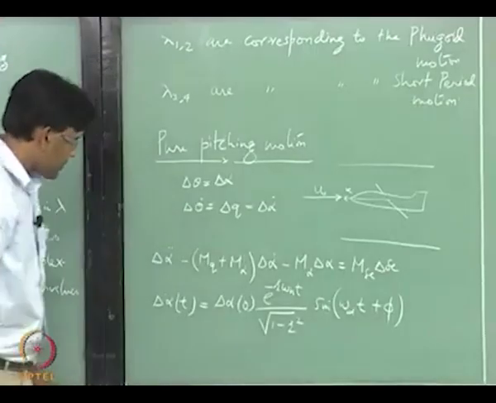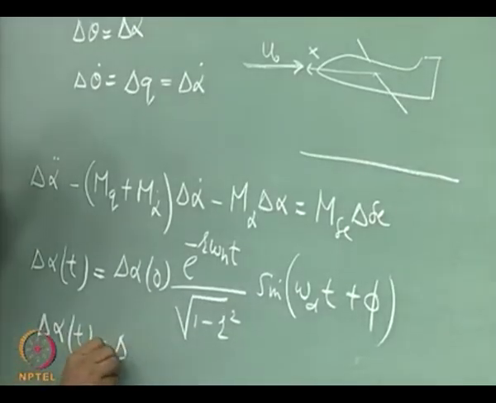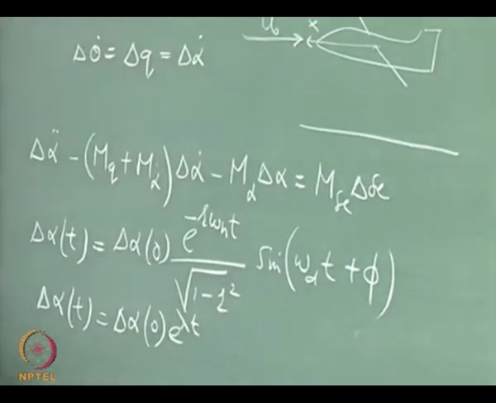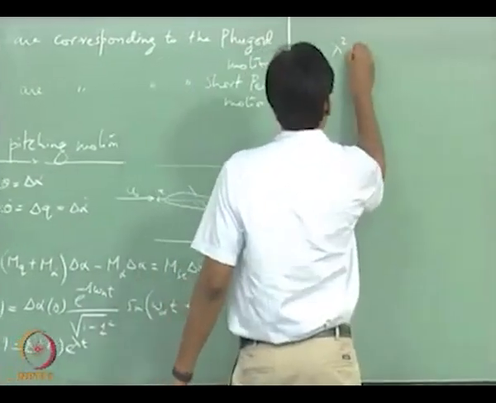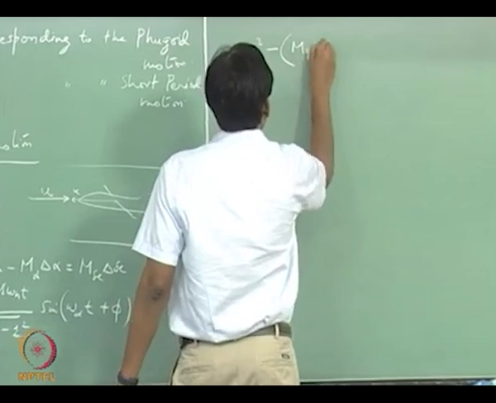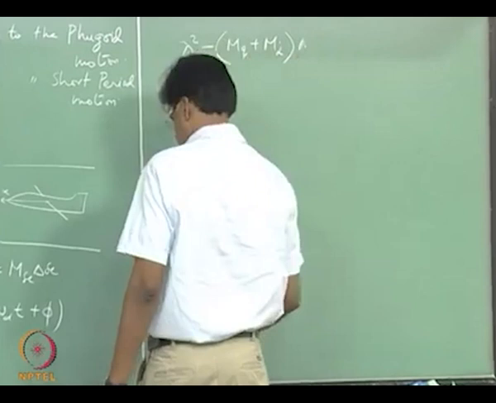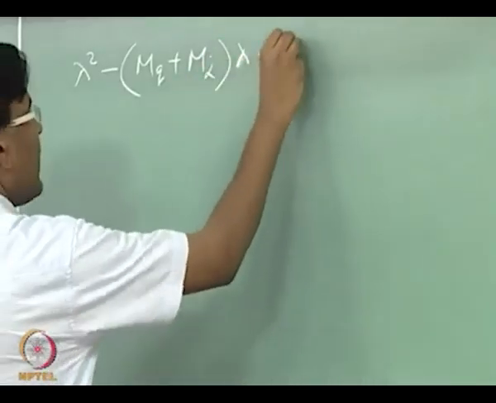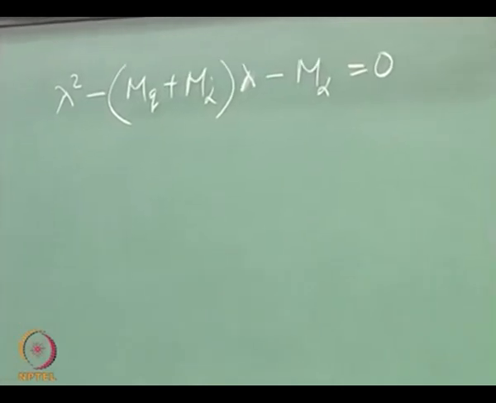Okay. So, what we have assumed here is that the general form of the solution is something like this, and then we have solved an eigenvalue problem which is this, right.